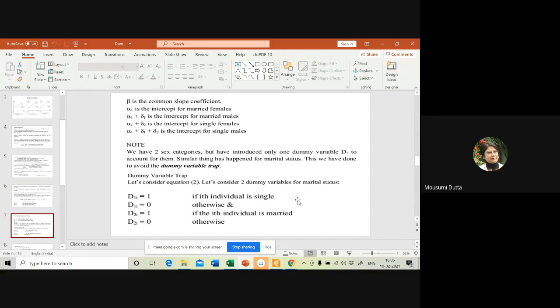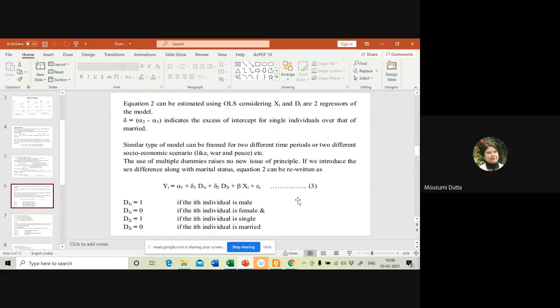So as we increase the number of dummy variables in the model, we will be able to go on and on. And in a single equation, we will be able to capture all these varieties, all these different groups very smoothly, and can estimate all the parameters using the least square technique, etc. So this is the nicety of the dummy variable.